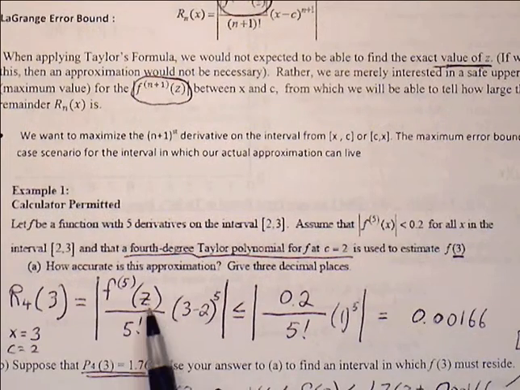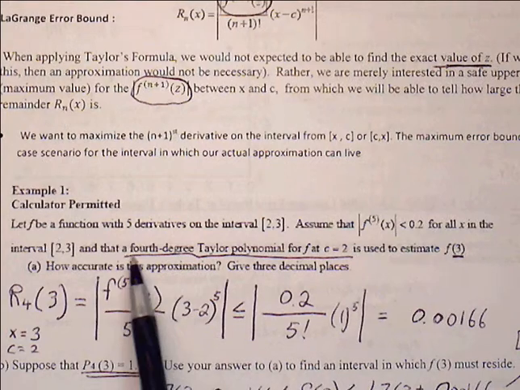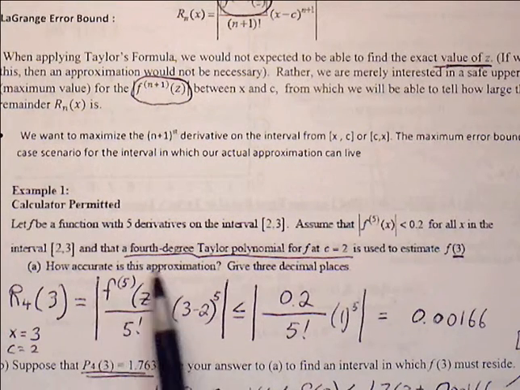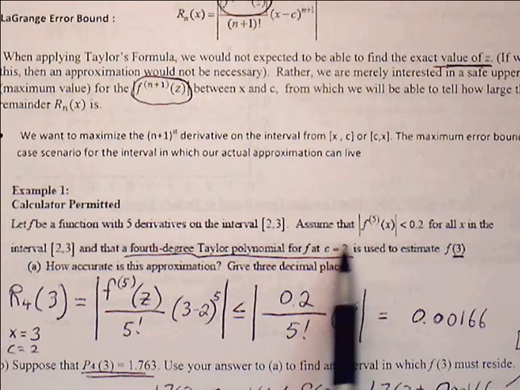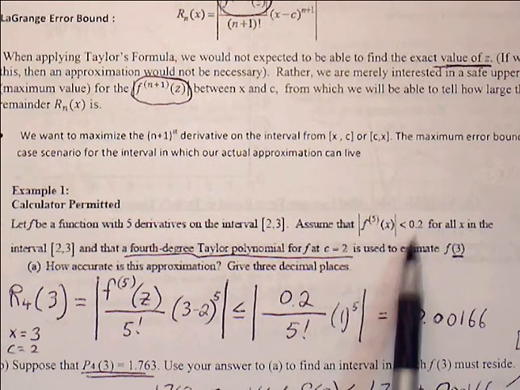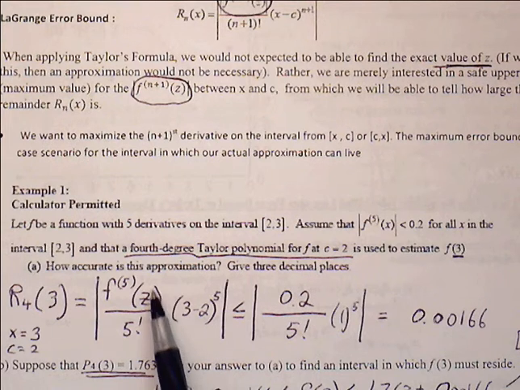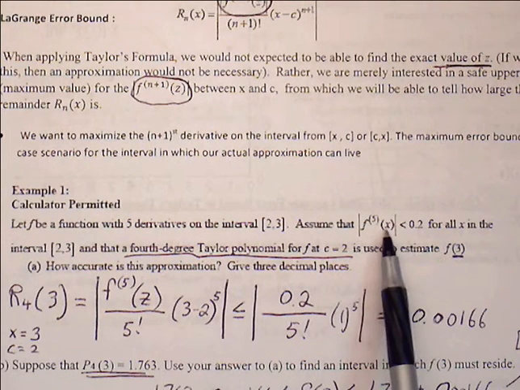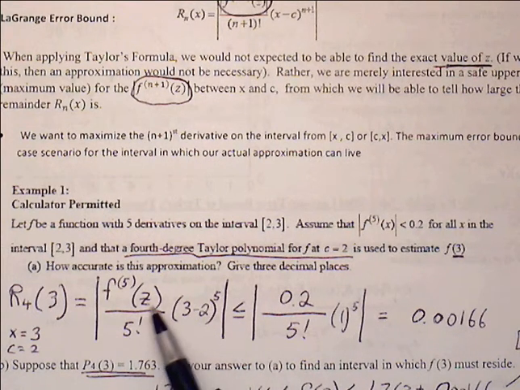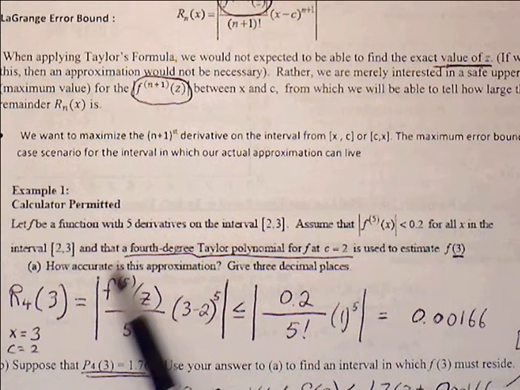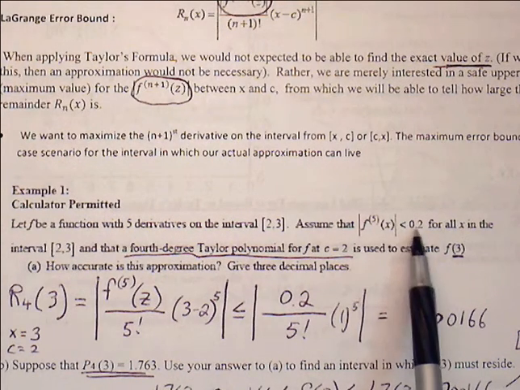Now we don't know what z is. However, we do know that this expression cannot be any greater than this value, 0.2. No matter what z is, we know that z has to sit between x and c. So no matter where it is, this expression has to fall under this value of 0.2.